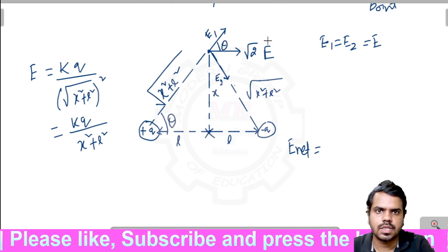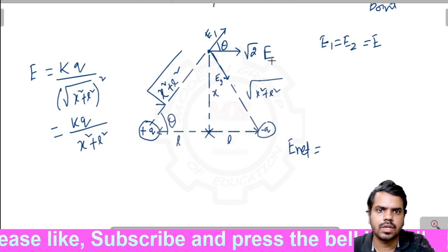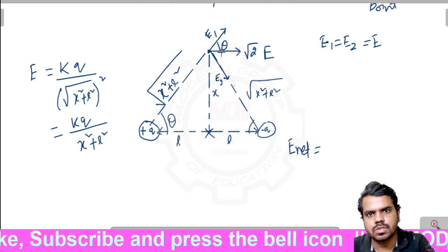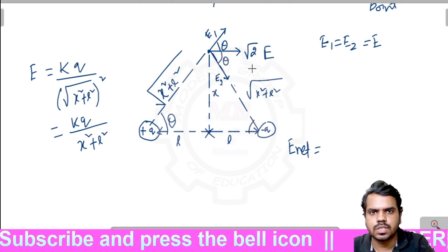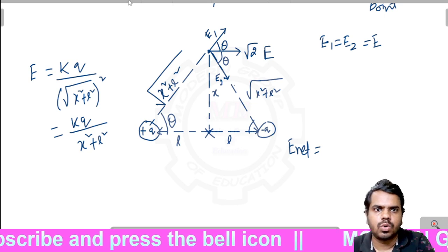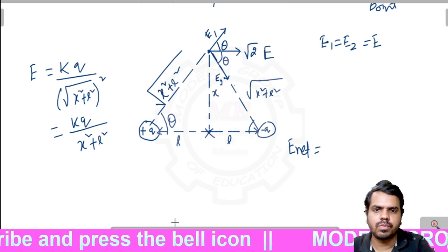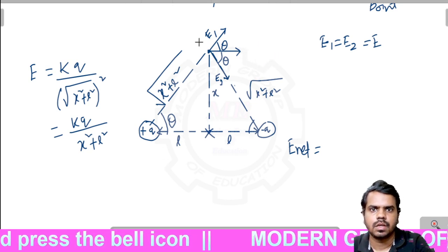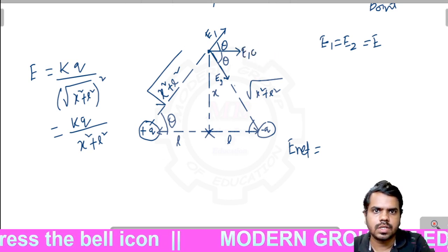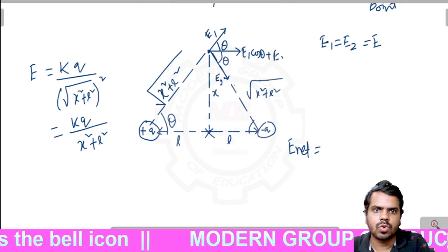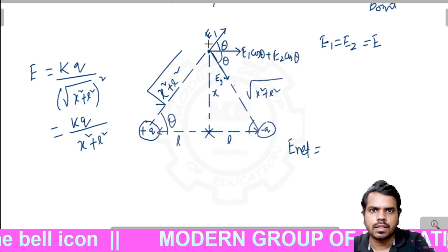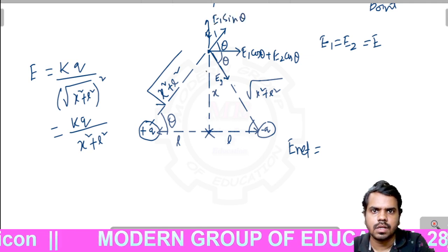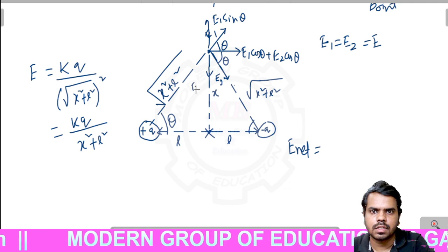Before writing root 2E, you have to write E1 cos theta plus E2 cos theta, and here E1 sin theta, and here E2 sin theta.